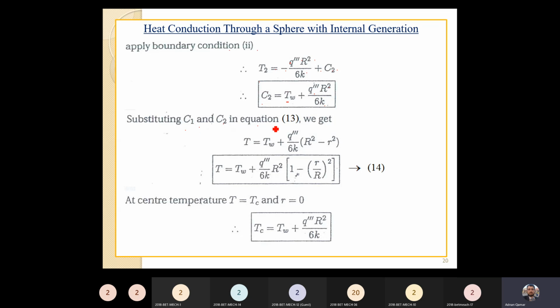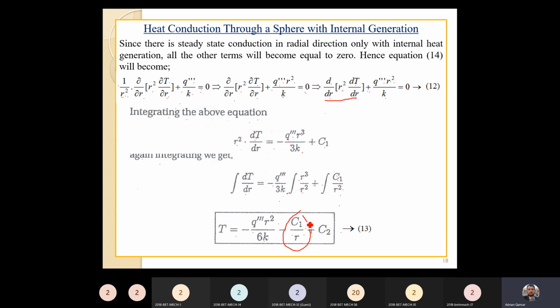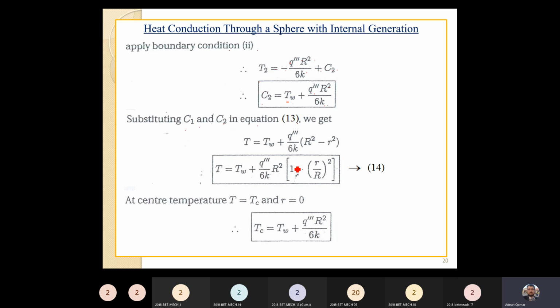Substituting the value of c1 and c2 in equation 13, you will get T is equal to Tw plus q triple dash over 6k (R square minus r square), and by further simplifying this equation, T is equal to Tw plus q triple dash R square over 6k into 1 minus (r over R) whole square. Okay, so this equation 14 is basically the general temperature distribution equation for a sphere with internal heat generation.